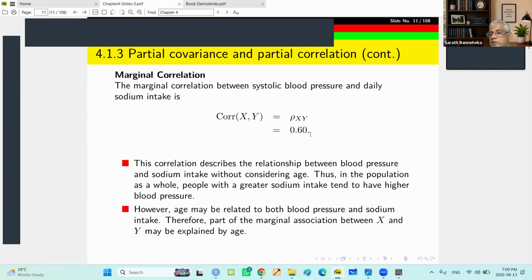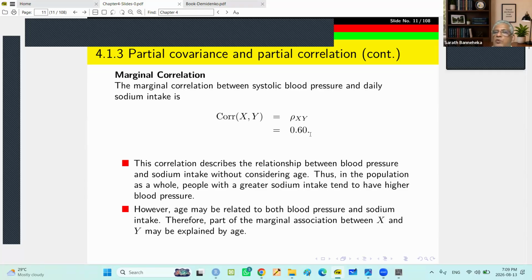However, age may be related to both blood pressure and sodium intake. Or maybe it's related to only one of those. That's also possible. Therefore, a part of the marginal association between x and y may be explained by age also.